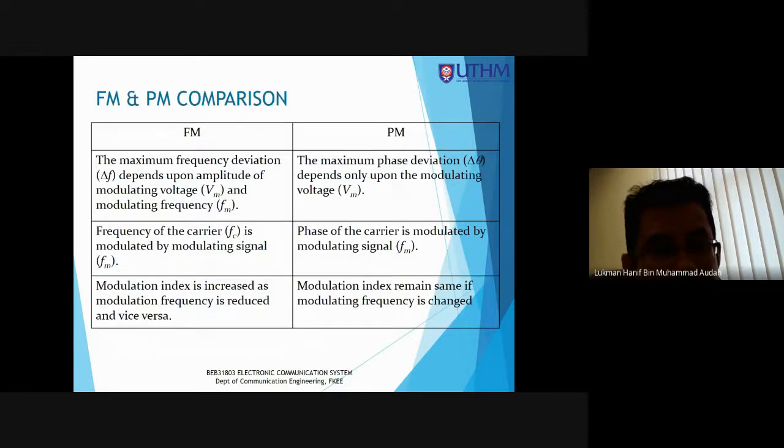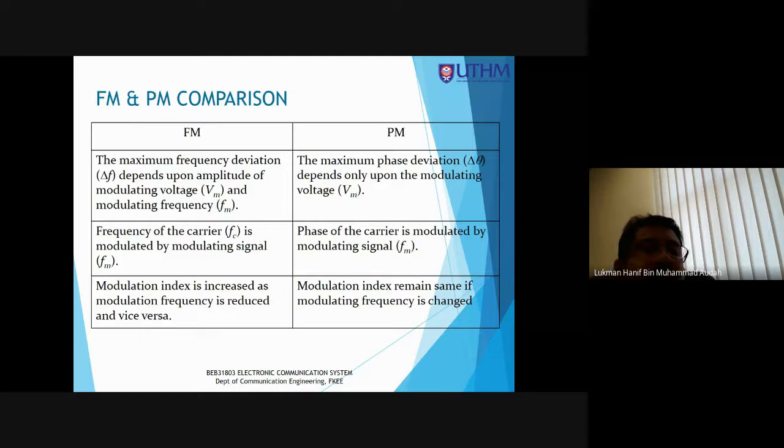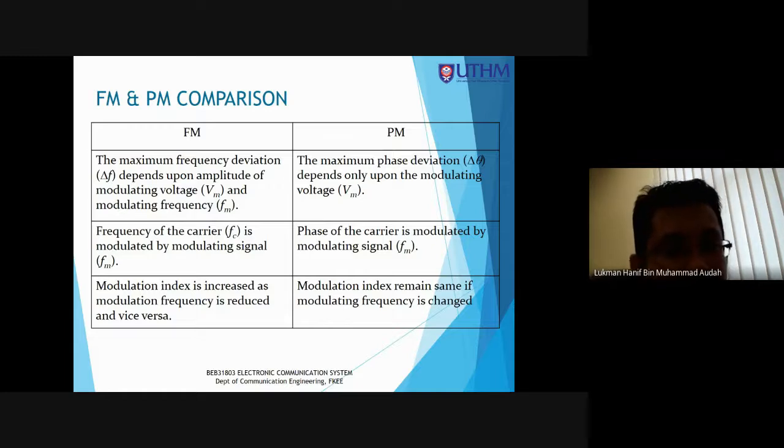So ini adalah FM and PM comparison, perbandingan antara frequency modulation dan juga phase modulation. What's the difference? Okay. Here you see that the maximum frequency deviation delta F depends upon the amplitude of the modulating voltage, and modulating frequency.